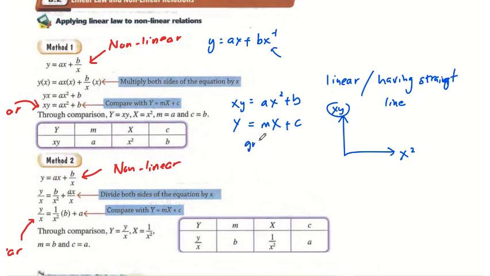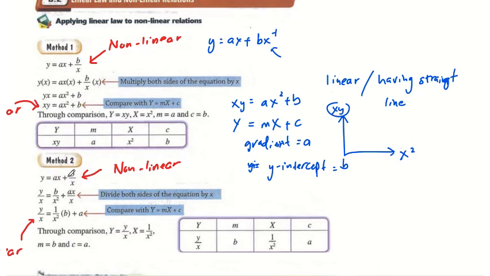The gradient for this equation will be equal to a, and the y-intercept is equal to b. The straight line we will get after we substitute the x and y coordinates.